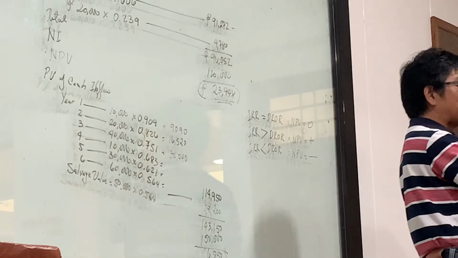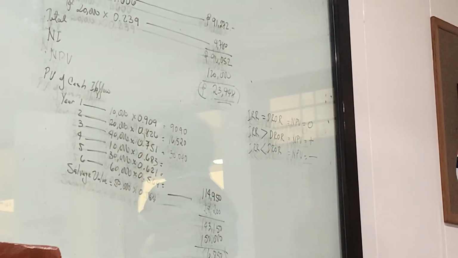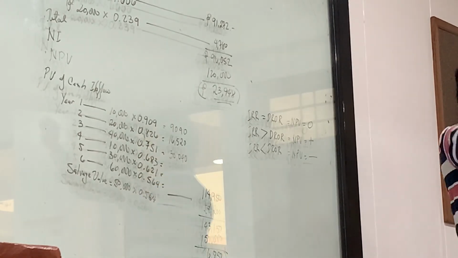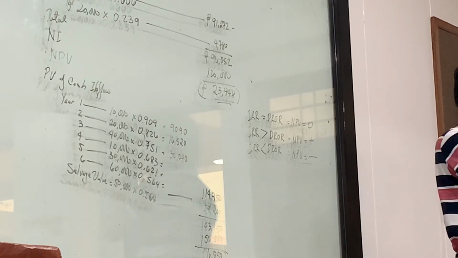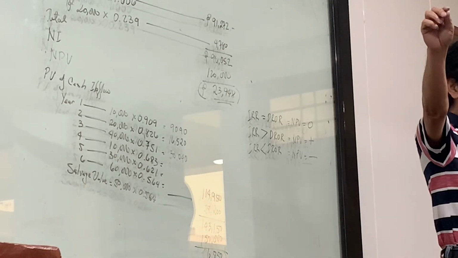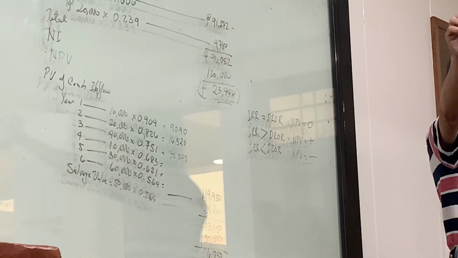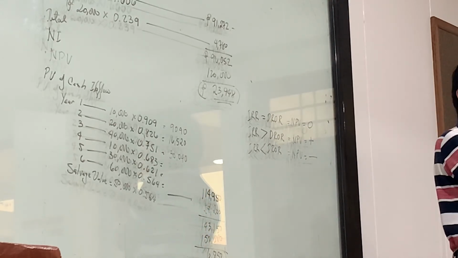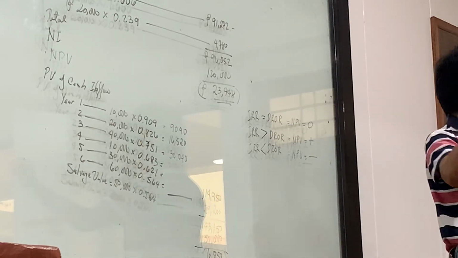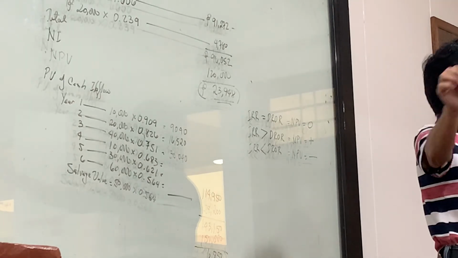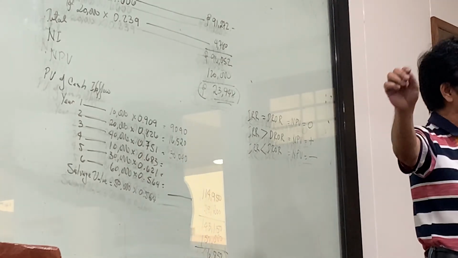When your interest or desired rate of return moves higher, the factor goes lower.